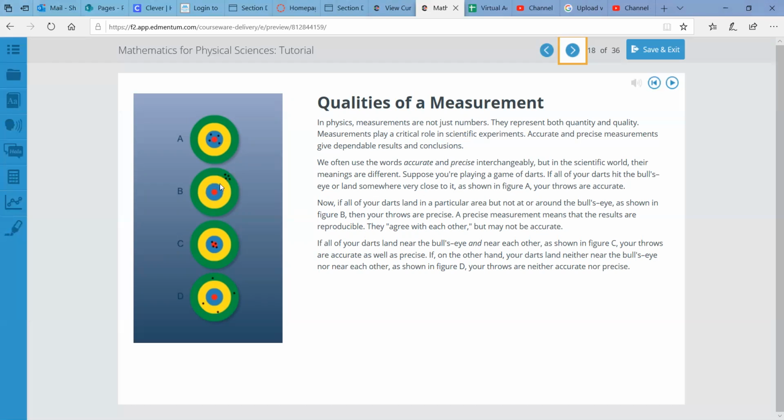So this is accurate, not precise. This is precise, not accurate. C is both precise and accurate. So you hit the target, and also all of your shots are placed really close together.